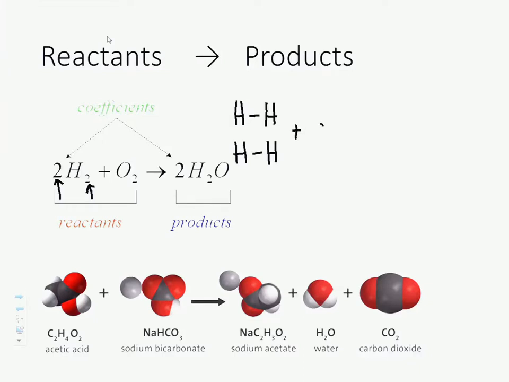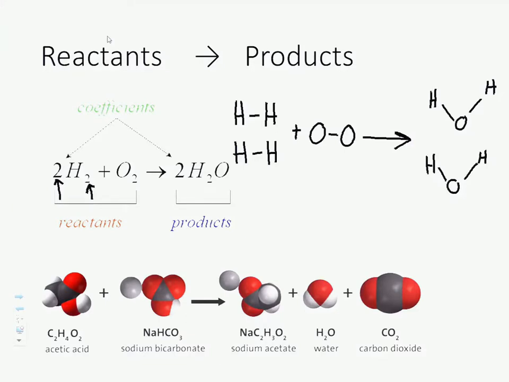Just 1, but there are 2 oxygen atoms. Those will react to form 2 waters. So if we've got water molecules, they look like this. And we'll learn more about how to draw these at a later point. There are 2 of them.